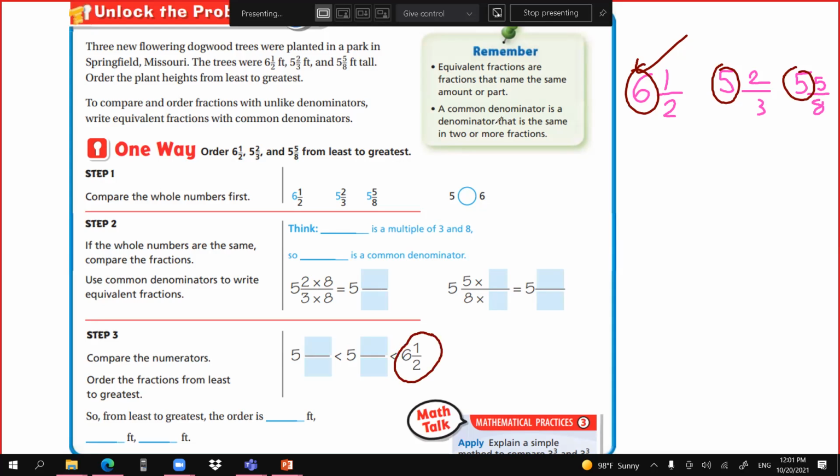Now, I told you one case if we have the same numerator, the other case if we have the same denominator. But here, both the numerators and the denominators are different. So what can we do?